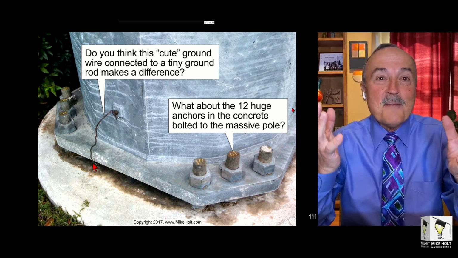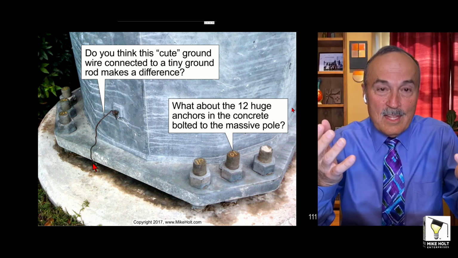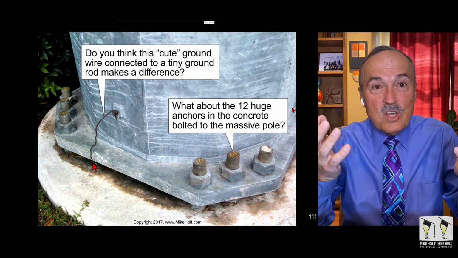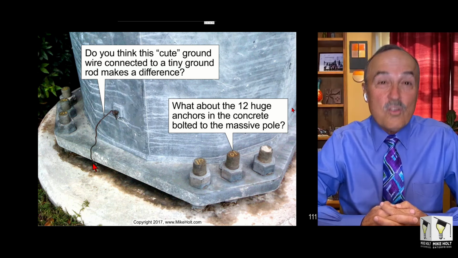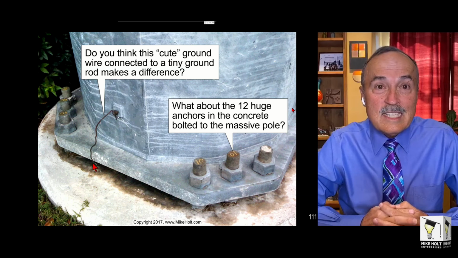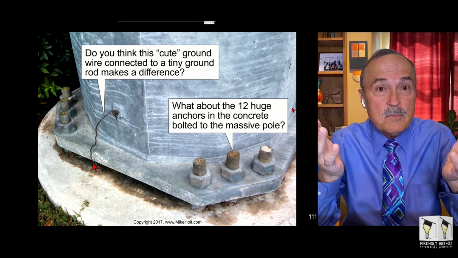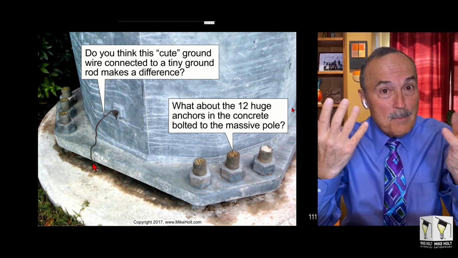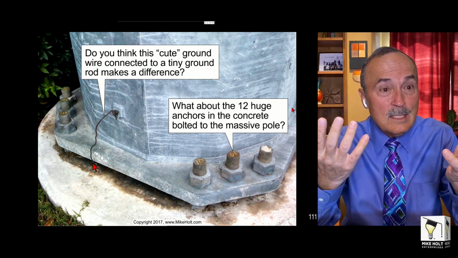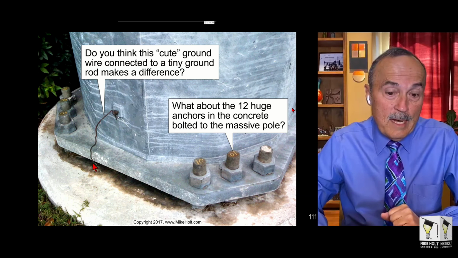You've got this thing bolted down with 1-1/4 inch bolts, and you seriously think there's going to be a design specification showing a ground rod or some kind of grounding scheme at the bottom of this pole? Oh my God. Guys, do you understand why I go crazy sometimes? This is why I go crazy, because I know theory. A lot of people don't understand theory. And the code says you don't need to do this. You need to bring what? An effective ground fault current path.